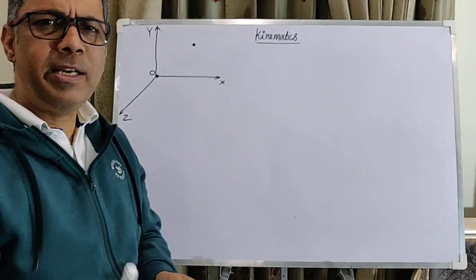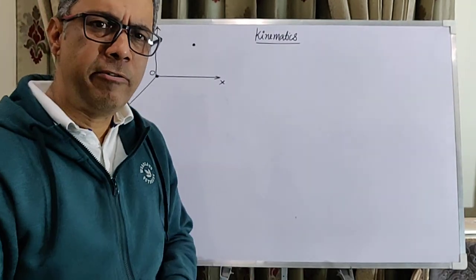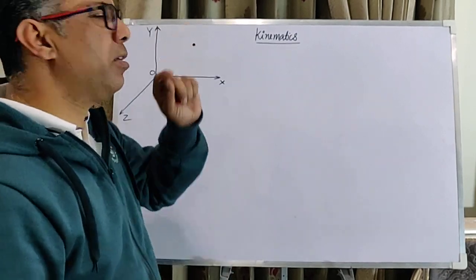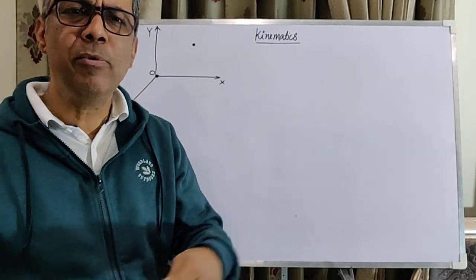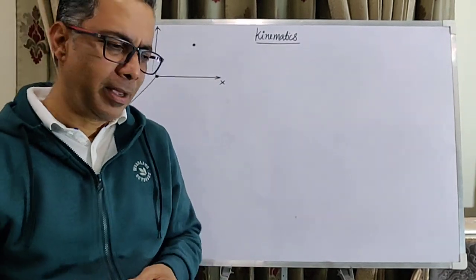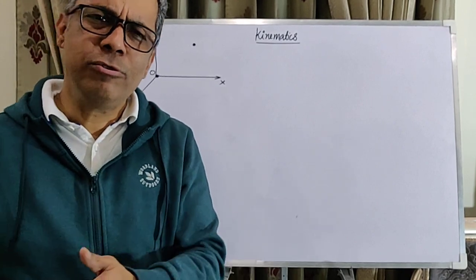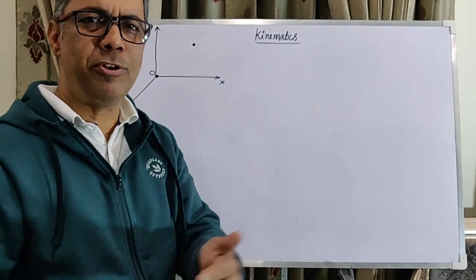The motion can be a little complex for the entire vehicle, but very often we can fix up a point on that car, let's say a door handle, and we study the motion of that door handle, and then we assume that the motion of the entire car is identical to the motion of the door handle.